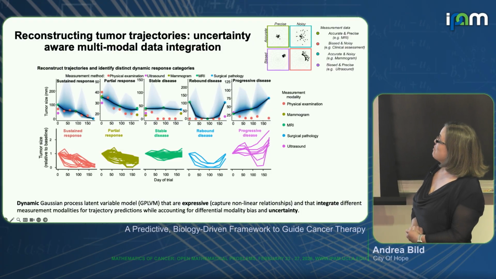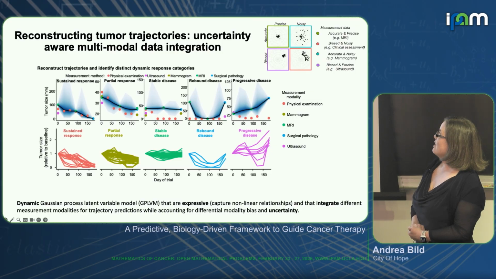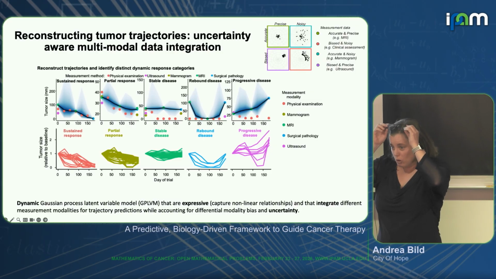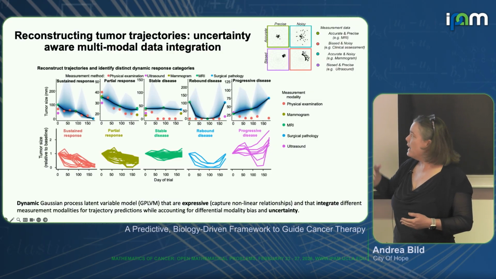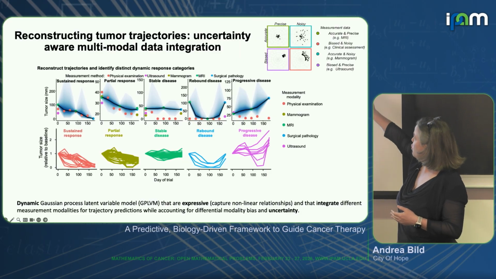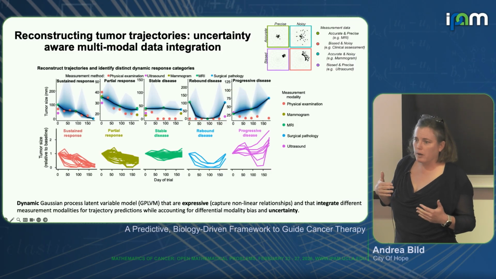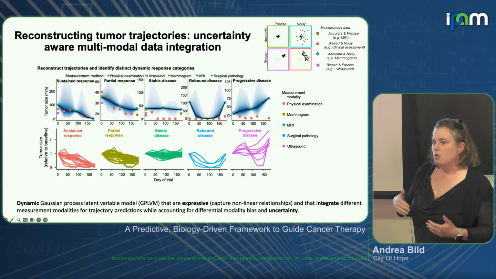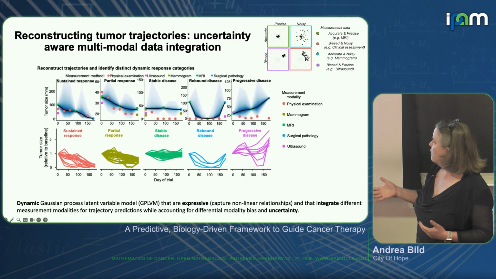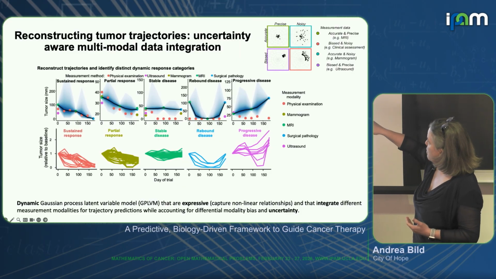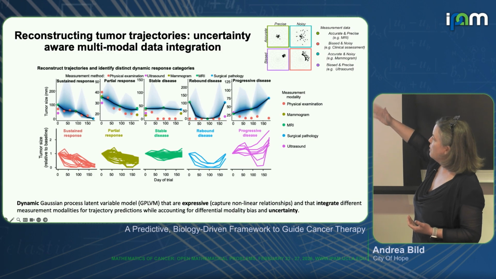So the first question we had is, in ER-positive breast cancer, the tumors grow pretty slowly. And the radiological and other measurement modalities tend to be very noisy, and you don't often have frequent measurements. And so you have to build a model that represents the diversity of data and then build these projections out over time so we can understand whether a patient's responding or not.